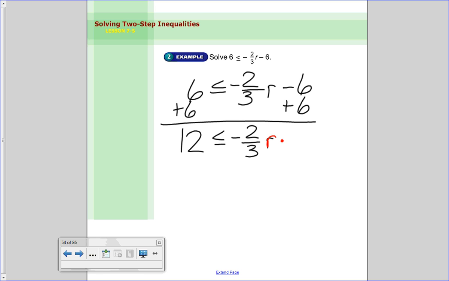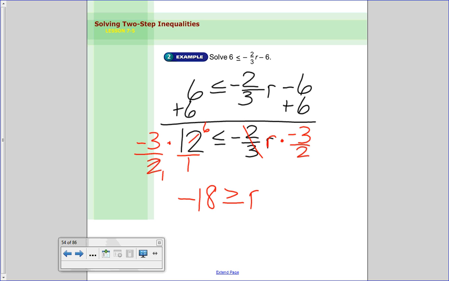All right, the opposite of negative 2/3, or the reciprocal, I should say, is negative 3/2. Do it to both sides. And let's see. I'm left with negative 18. I'm reversing my sign. Is greater than or equal to r, because those cross out. And again, I like it with r first, so I'm going to rewrite it as r is less than or equal to negative 18.